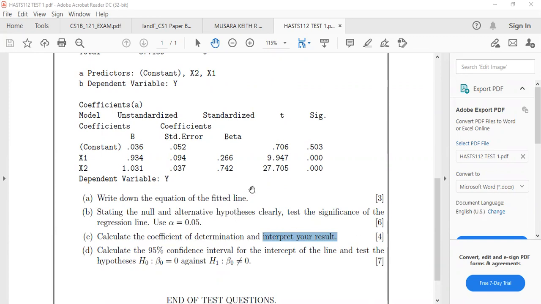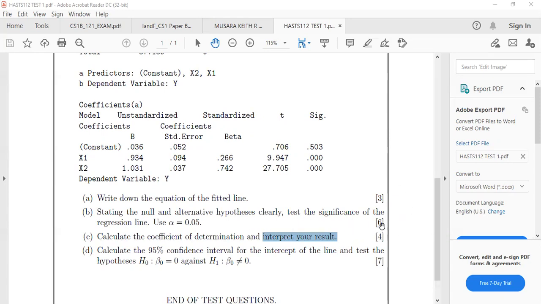So I said 99.5% is accounted by the model, in brackets, that's the dependent variable, which is explained by variation in the independent variables.